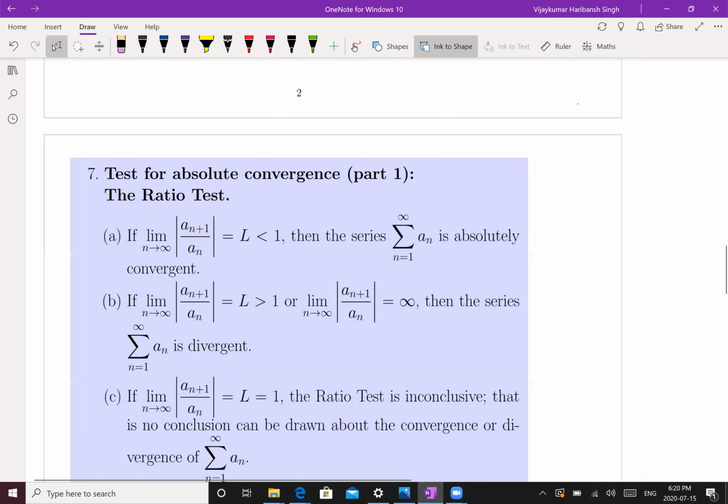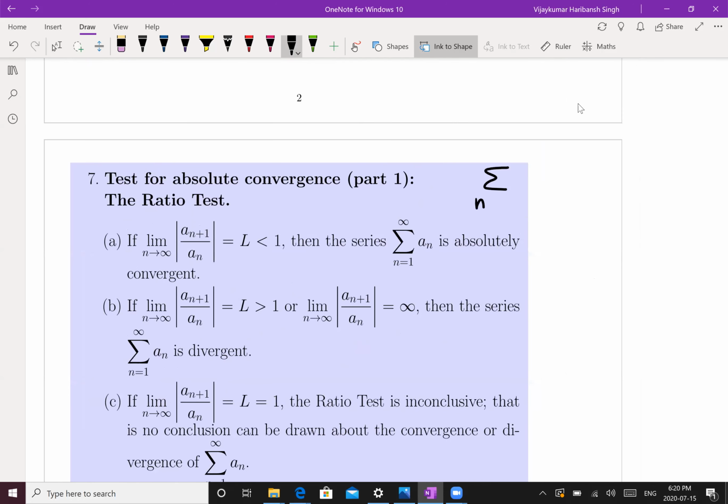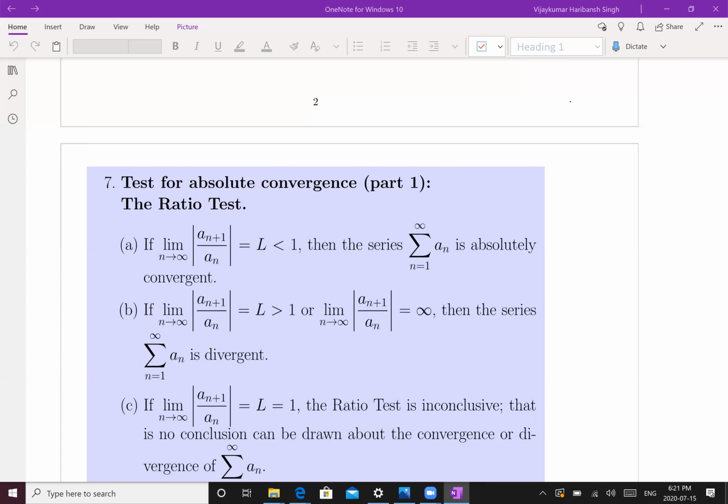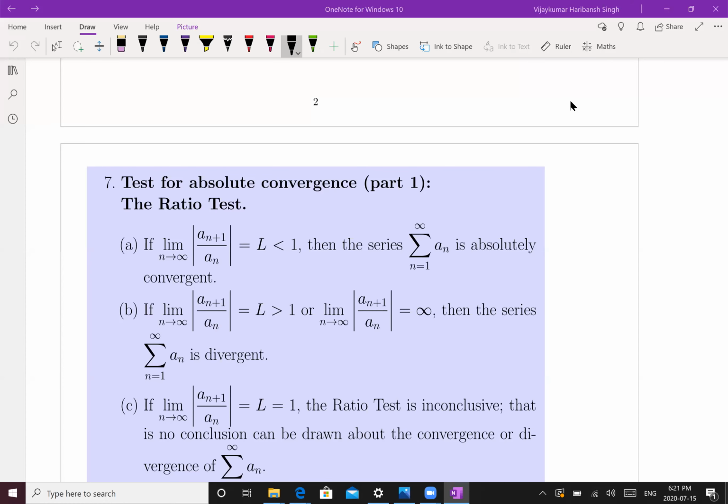So you have the series summation n equals 1 to infinity of an. We want to discuss the convergence of this series, and we want to discuss the absolute convergence.